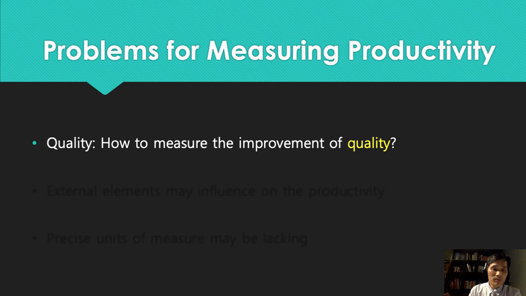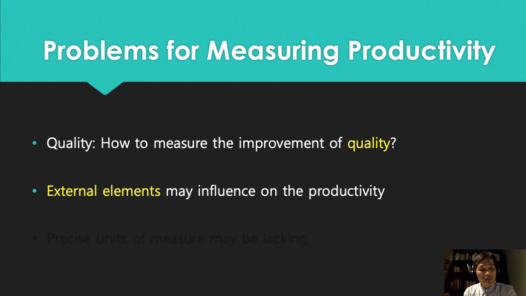The second problem is that external elements may influence productivity. In other words, such external elements as an oil price increase would strike the economy hard. Although people work the same number of hours, the productivity will decrease due to the increase in the gas price.